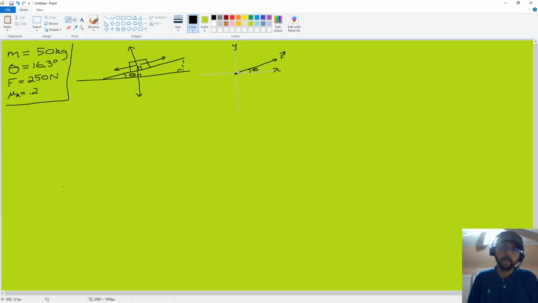And this is the normal force. This is a right angle because the normal force pushes at a right angle to the surface. If this is a right angle and this is shifted up by theta, then this is also shifted in this direction by theta.